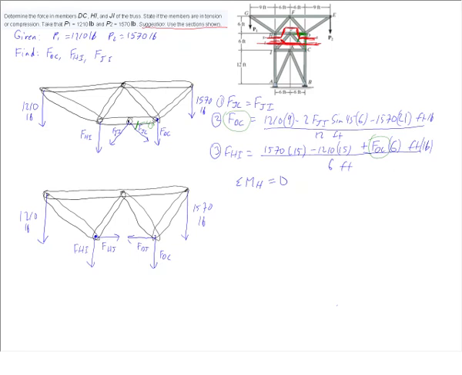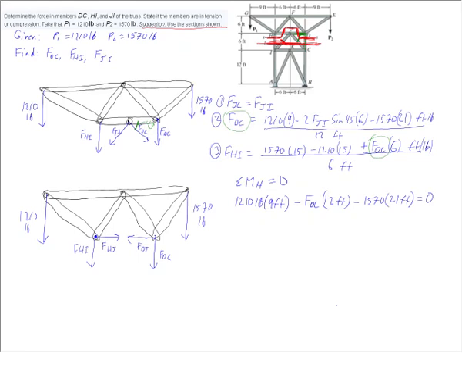So we can just say that it's going to be 1210 pounds times 9 feet for that force. And then from the FDC, we'd have negative FDC times the distance between H and DC, which is 12. Then we'd have negative 1570 times the distance there, which is 12 plus 9, or 21 feet, equals 0.